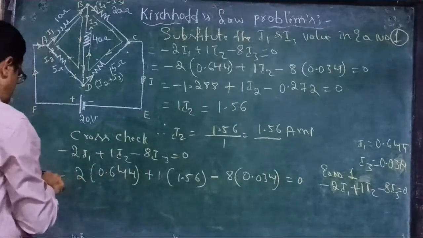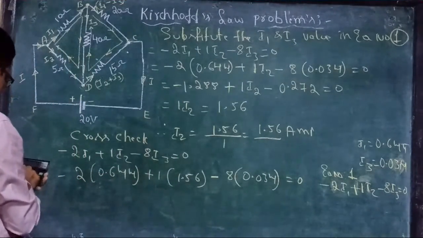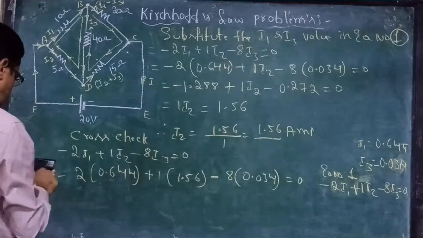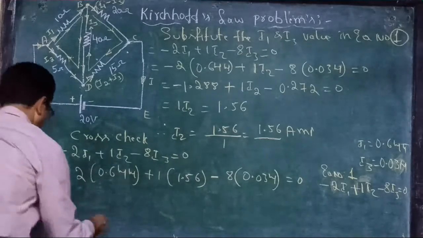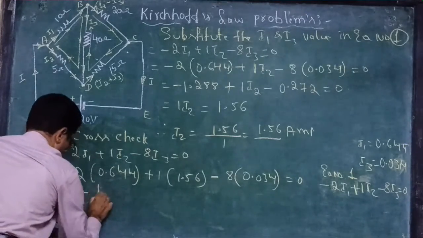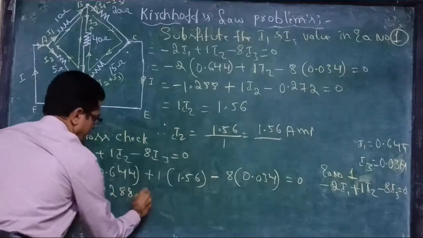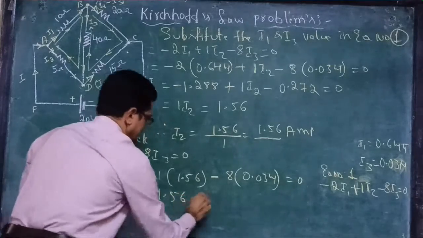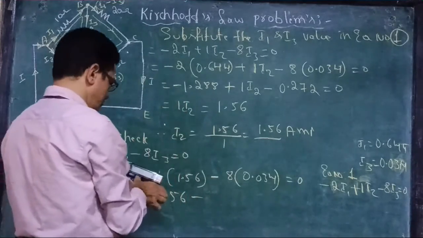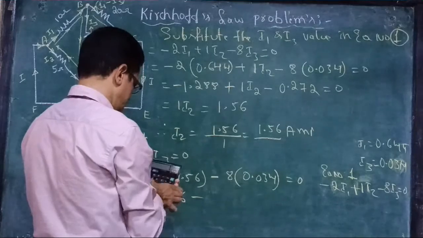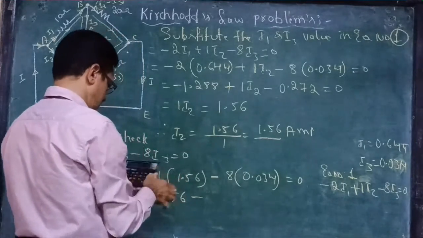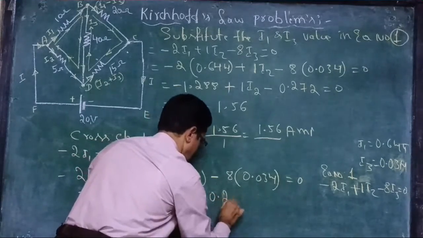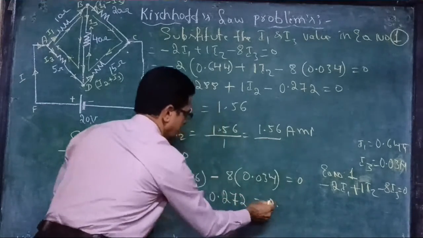Okay, 2 into 0.644 is equal to 1.288 minus, plus 1 into 1.56, minus 8 into 0.034 is equal to 0.272, is equal to 0.